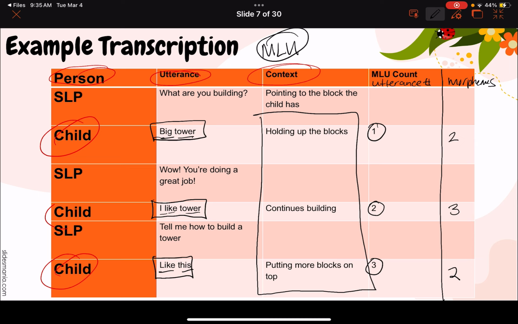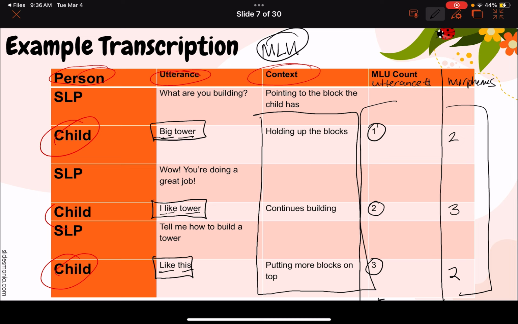Hopefully that's all clear now for you, but that is an example of how we might want to break down a transcription. If something else makes more sense in your head, that's totally fine. I've had students who actually do it in Excel so that the numbers can just be calculated by Excel.